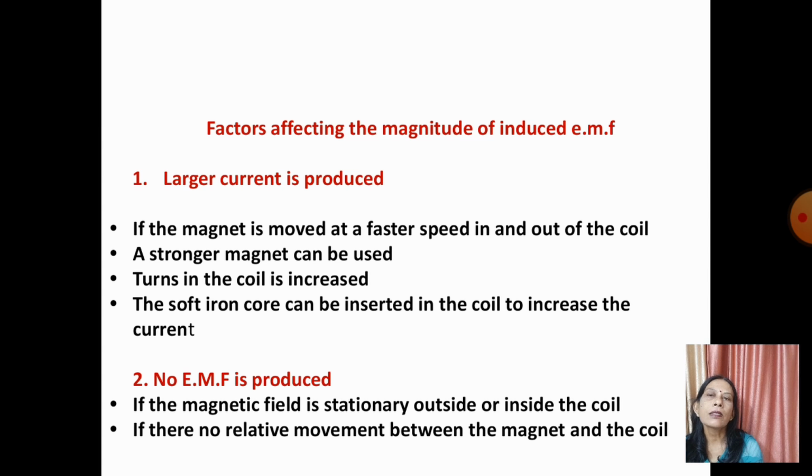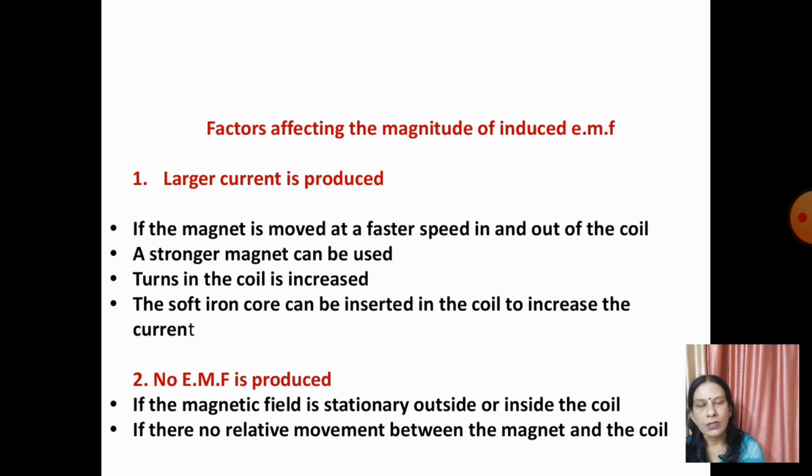Now, the factors affecting the magnitude of induced EMF. First, we will talk about the condition to have a larger current. How can we produce a larger current in the circuit? This can be done by moving the magnet faster in and out of the coil, towards or away from the coil.